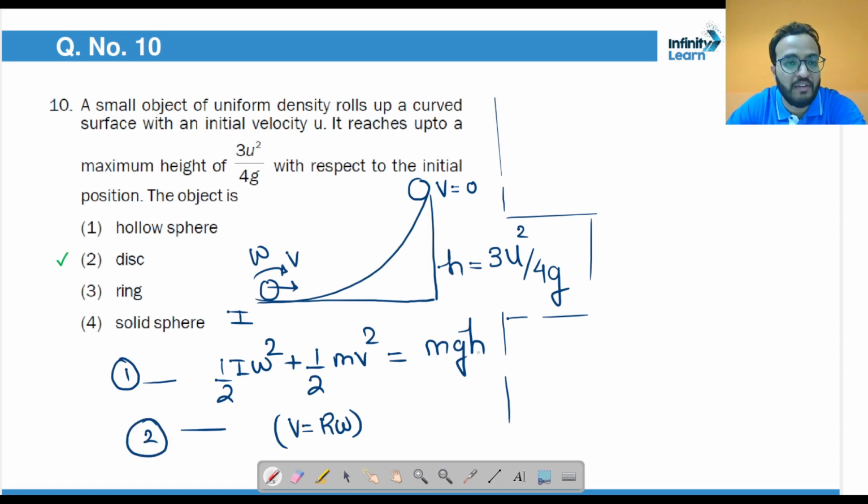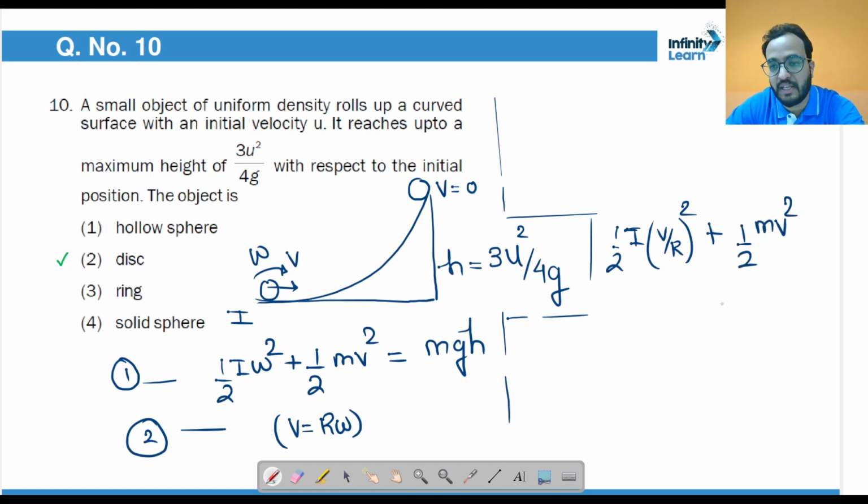Now, we want, okay, so omega is what? V by R. Omega is V upon R whole square plus half mv square is equal to mg into h, which is 3u square by 4g. Now, after this, you can solve it.